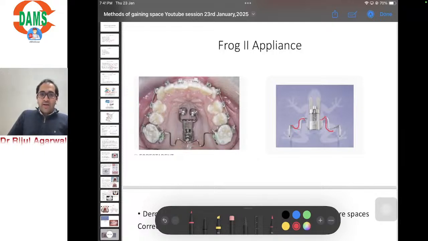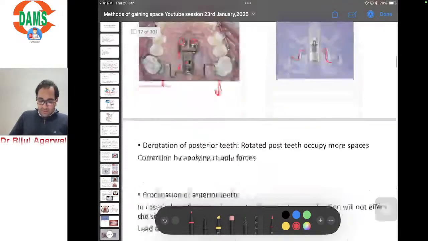It has two palatal screws embedded in the anterior region. Once we turn this key, it will open up, and along with it, it will take the molars in the distal direction. This is how this appliance acts.